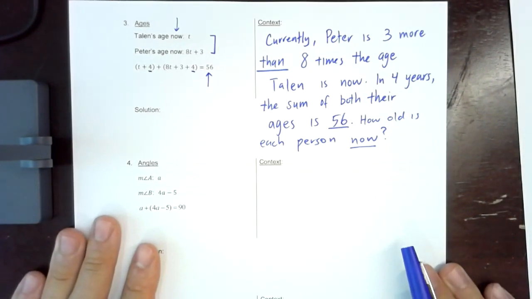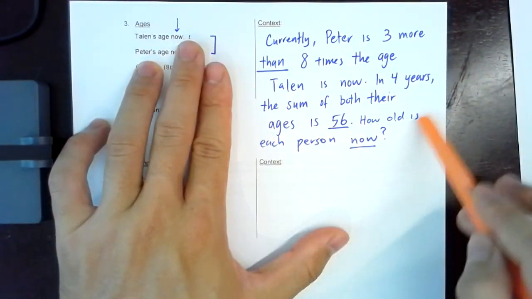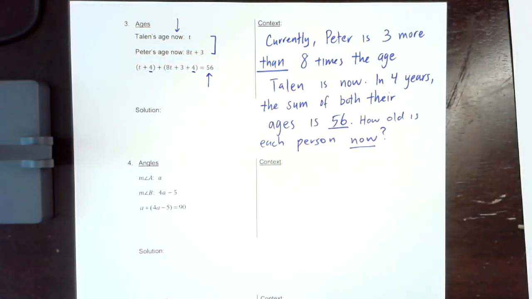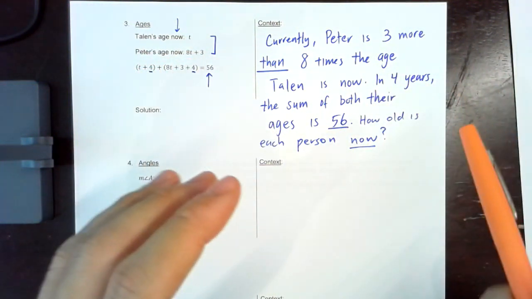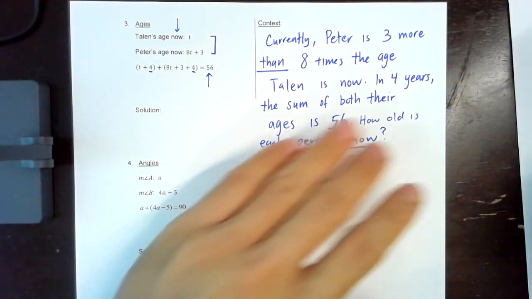Again, class, the whole point of this activity is for you to be more and more aware of how word problems are written and how each section of the word problem, each sentence, translates to an equation or translates to an expression, right? Let's repeat.